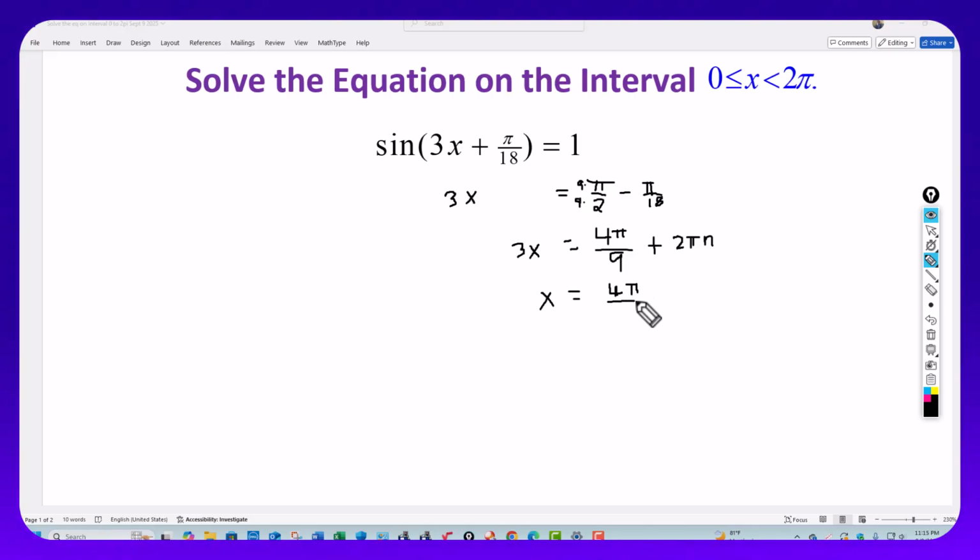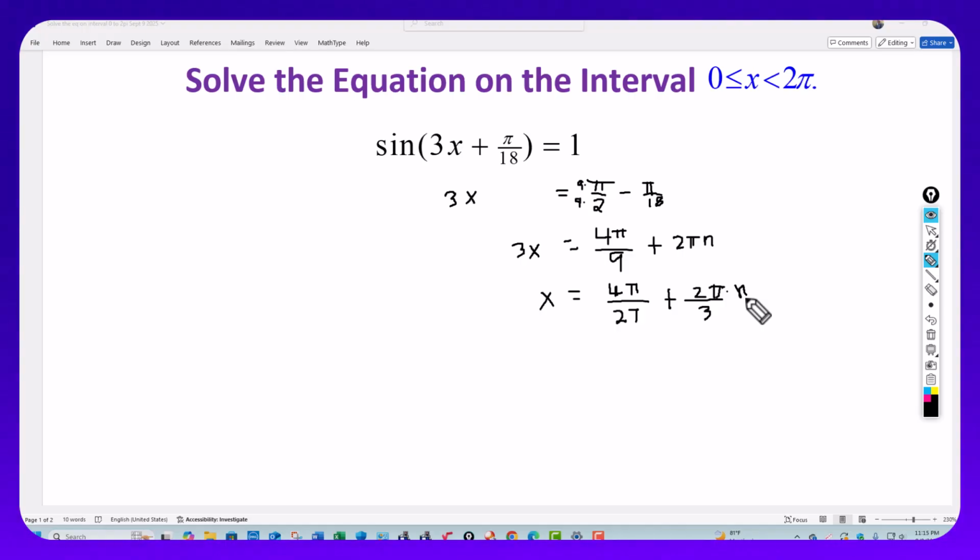It'll be 4 pi over 27, and then we get 2 pi over 3 times n. So that's the general solution: x is equal to 4 pi over 27 plus 2 pi over 3 times n, where n is any integer.